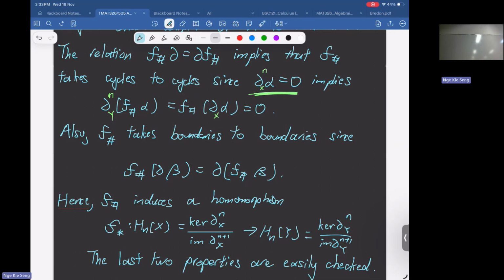Something that looks like 0, something that behaves like 0. Either you send to 0 or you send to something that behaves like 0. But it's already sent to something that behaves like 0, which is good enough already.